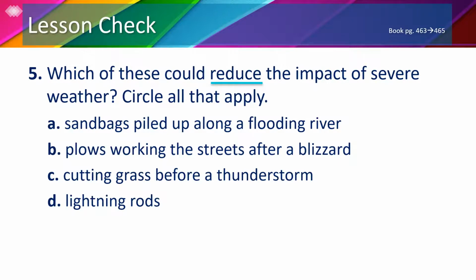Sandbags piled up along a flooding river will help control the flow of water and prevent it from entering buildings, so A is correct. Plows working the streets after a blizzard help remove the snow that has blocked the roads, so B is also correct. And finally, lightning rods help control lightning strikes, so D is correct.